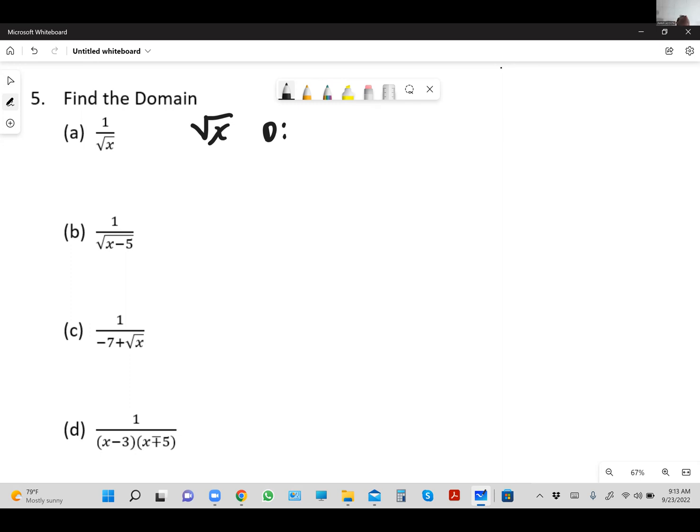Okay, what's the square root of 0? What number times itself is 0? 0, yeah. So just for the square root of x, the domain is x is greater or equal to 0. Now if I wrote the following, 1/x, what would be the domain for that?